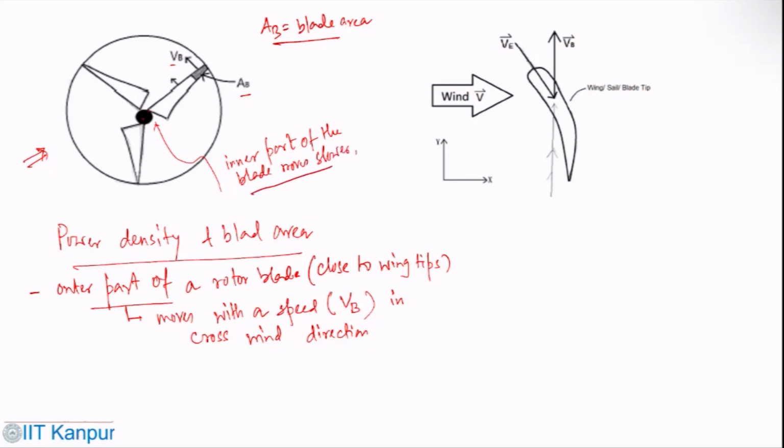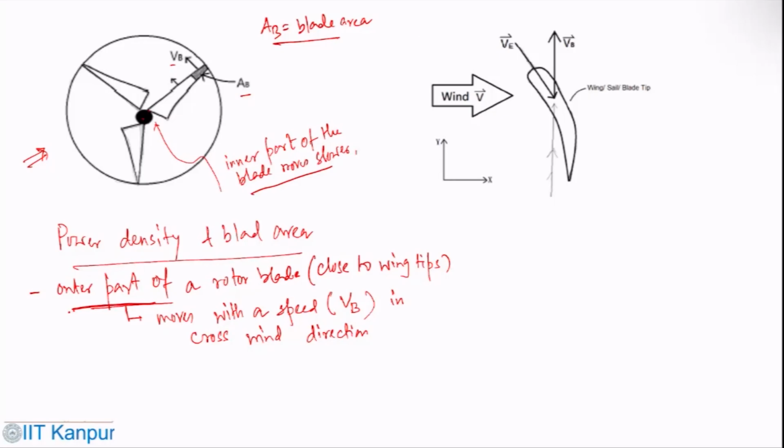So at least they are not the focus at this moment. What we are looking at is the outer part, which moves with a velocity VB in crosswind direction.